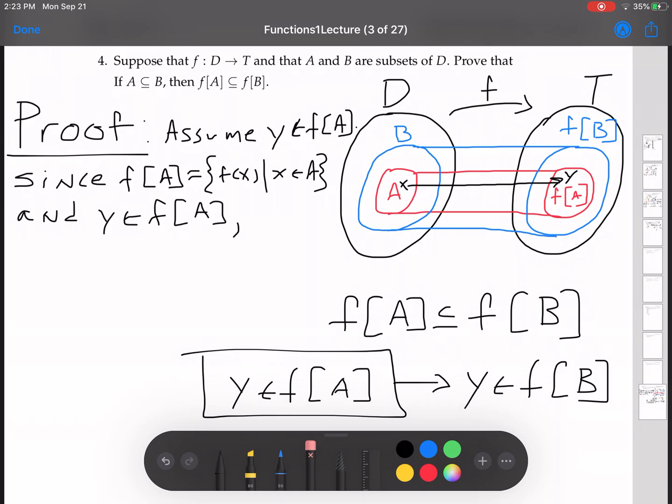So we'll get rid of the comma there. Okay, so assume y is in f of A.